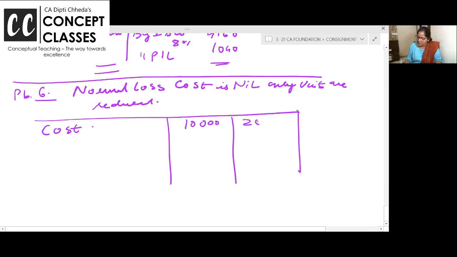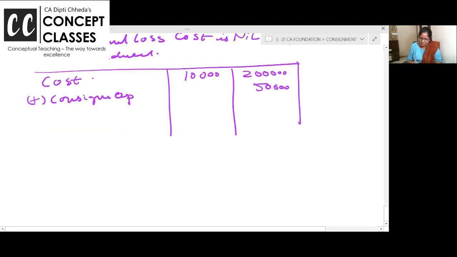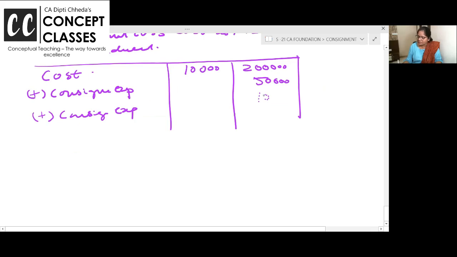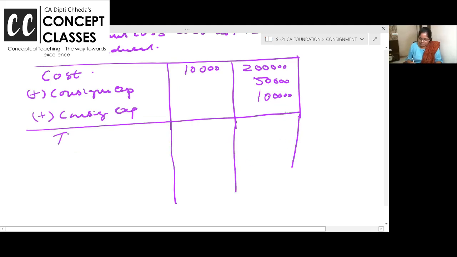The cost is 2 lakh. Consignor's expense, outrightly 50,000. Consignee's expense 10,000. Units you have got at 260.